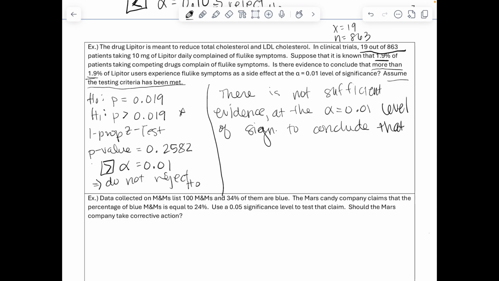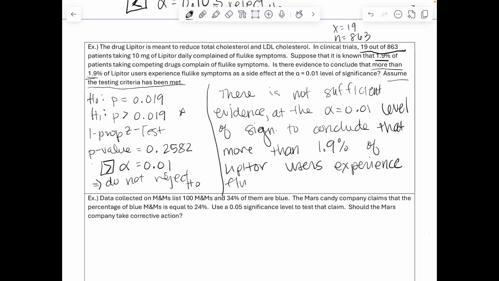But for this problem, you need to make sure that you explain it with words that talk about exactly what the problem is representing. So to conclude that more than 1.9% of Lipitor users experience flu-like symptoms.